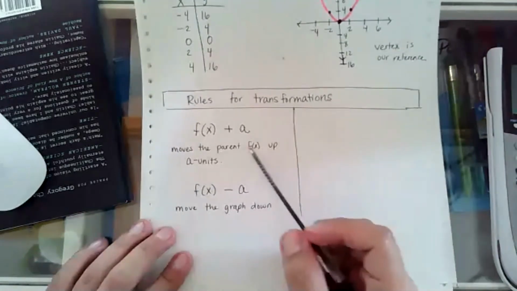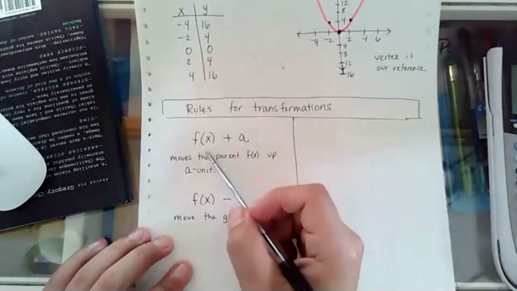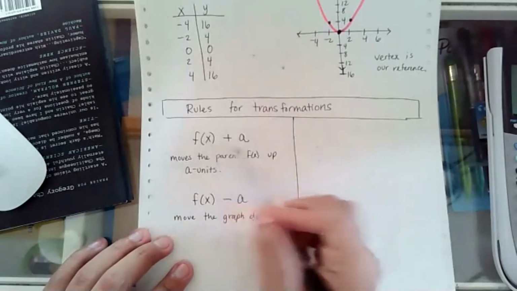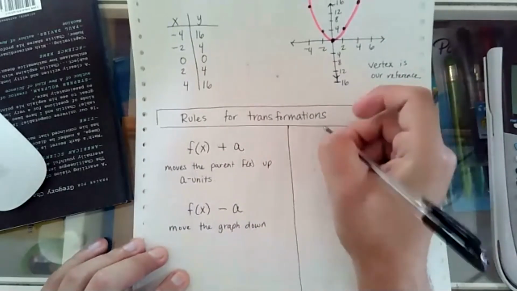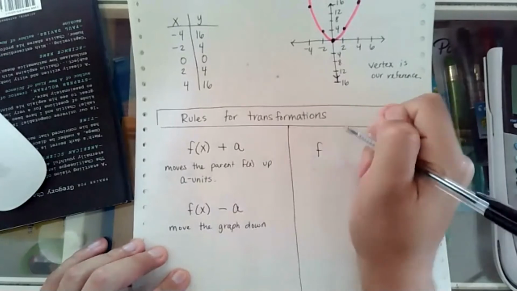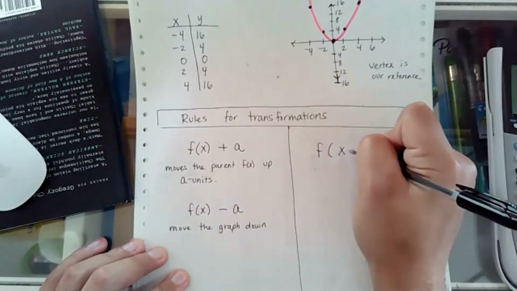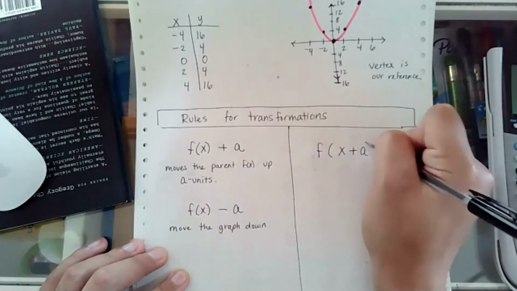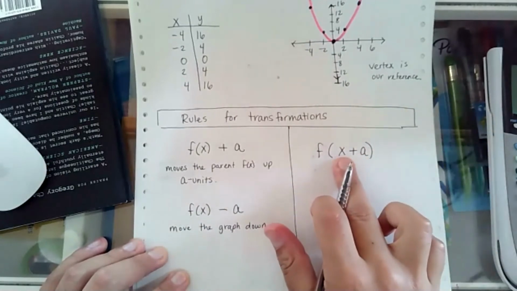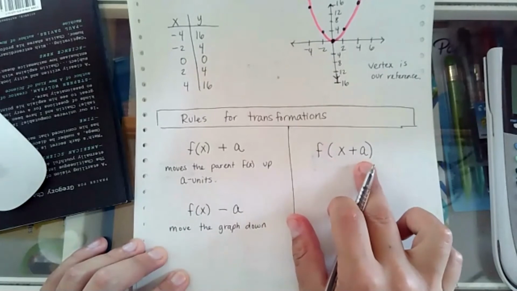Well, we could also manipulate the input of the function. So if you have the function, but we take the input and add a number to the input. So here, the x, we're adding a number to the x, adding a number to the input.